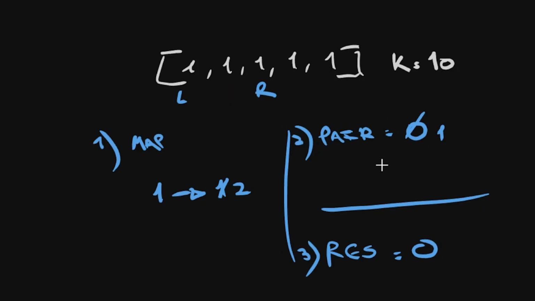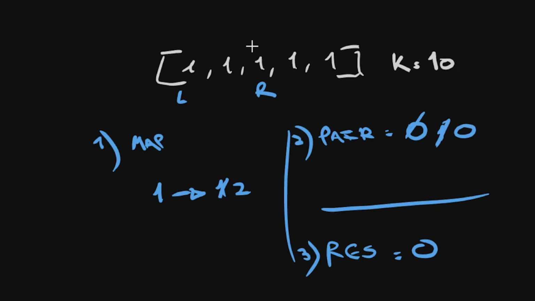First, we want to remove from pairs nC2, so the pairs that we had at the previous amount of ones. Okay, so we want to remove 2C2 pairs. So now pairs is 0.